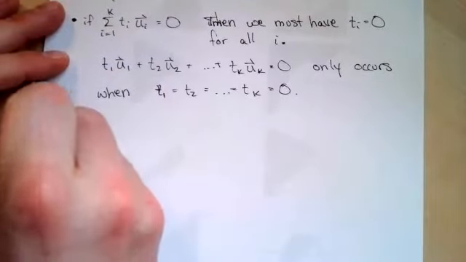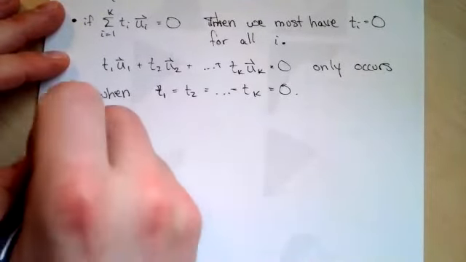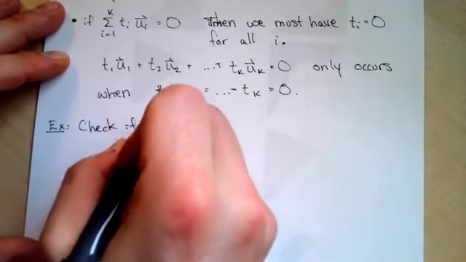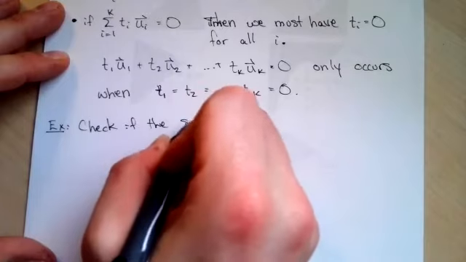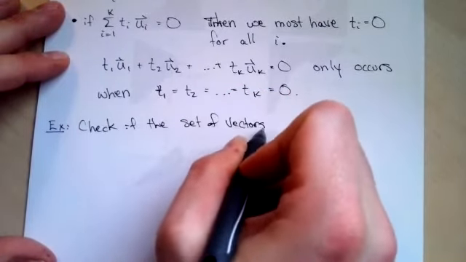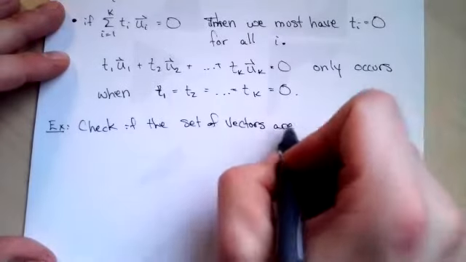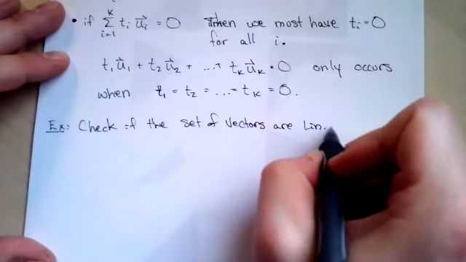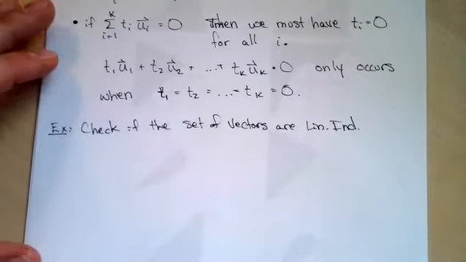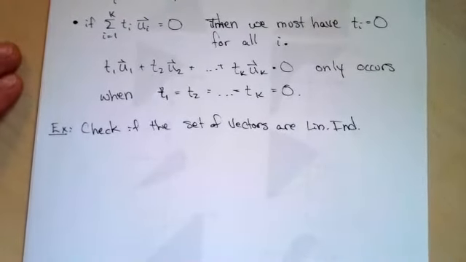So our example: check if the set of vectors are linearly independent. I'm going to abbreviate linearly independent by lin_ind, so we don't have to write that out every time.